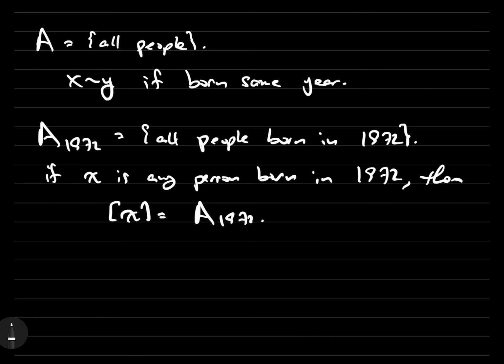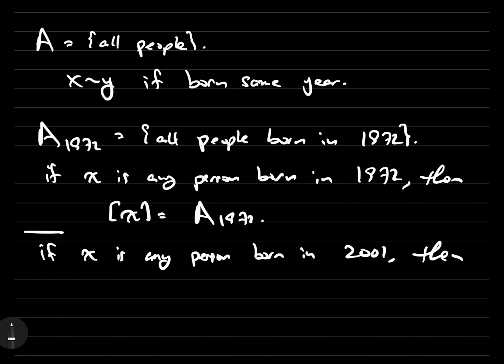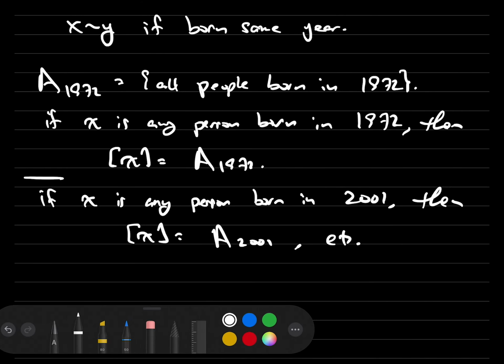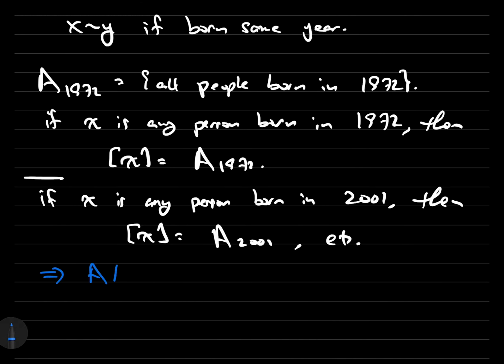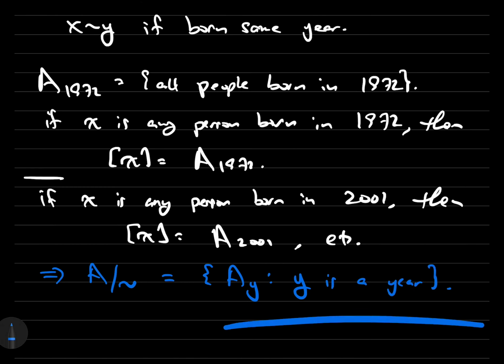If, for example, I pick one particular person born in 2001, then the equivalence class of that person is the set of all people born in the year 2001. So there's kind of a correspondence between the equivalence classes and years here. Said another way, if we take A mod this equivalence, we can parameterize all these sets just by years. Just list the years, and for every year, consider the set of all people born in that year.